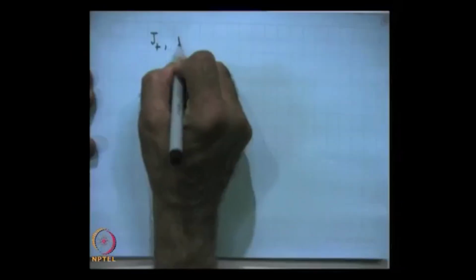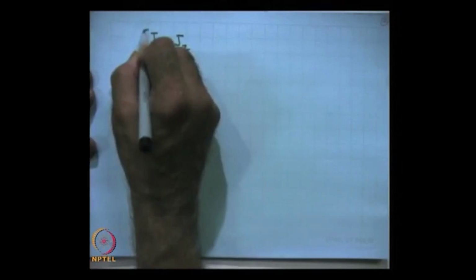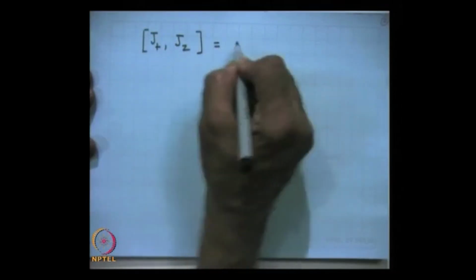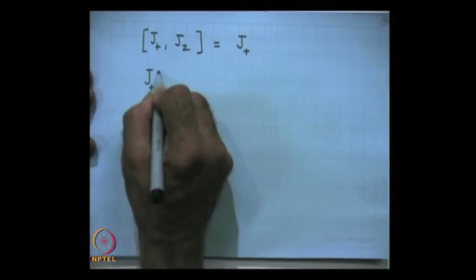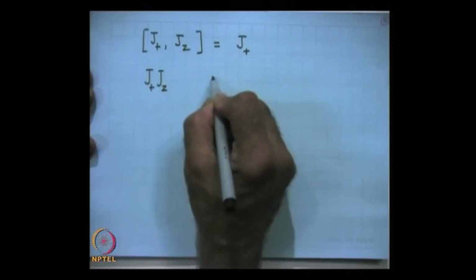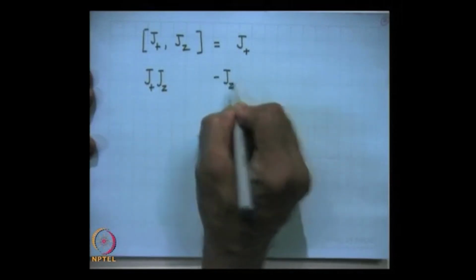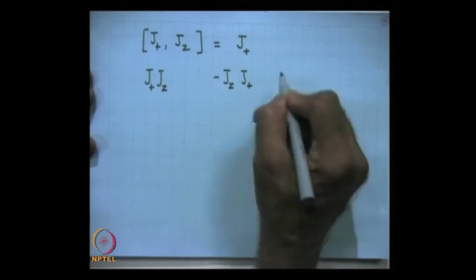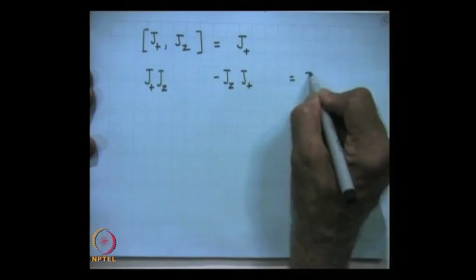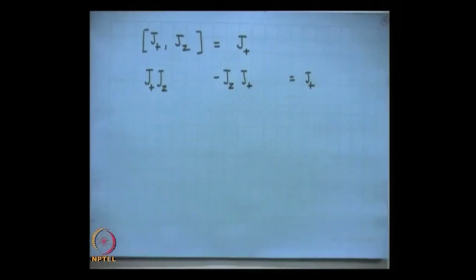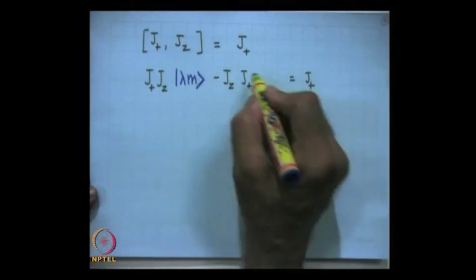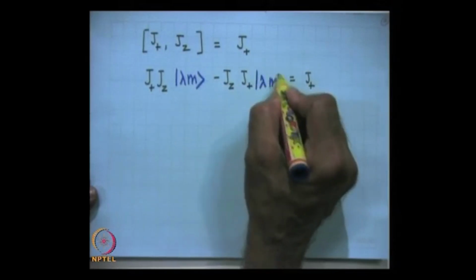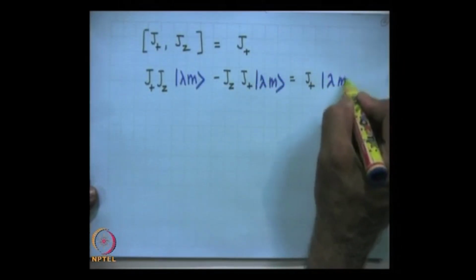So, we have J plus comma J z, the commutator. This was equal to J plus, we derived that. So, we had J plus J z minus J z J plus, equal to J plus. What we do is, as we mentioned, operate each term on ket lambda m.